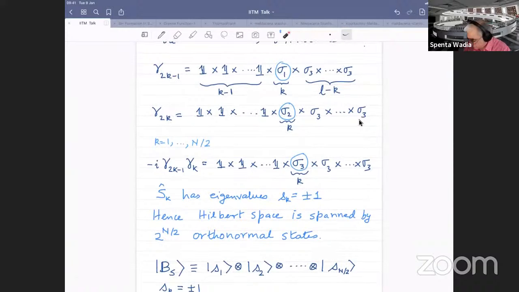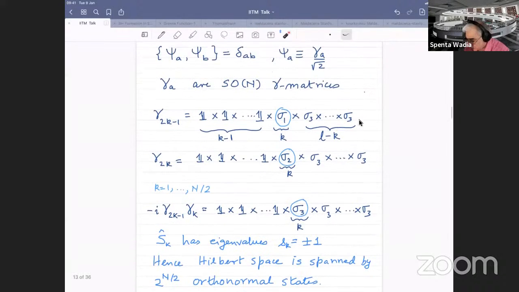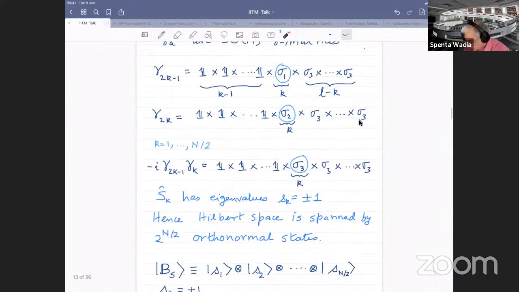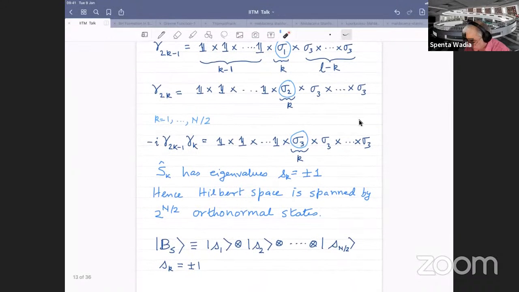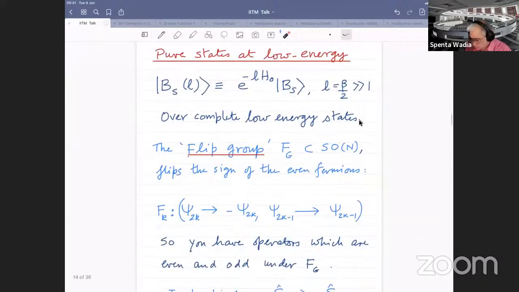I don't want to elaborate on all that, but this operator, which I talked about before, the Hamiltonian, essentially is proportional to this one, and it has eigenvalues plus or minus 1. So the Hilbert space is spanned by a large number of 2^(N/2) orthonormal states, and this is the Hilbert space.